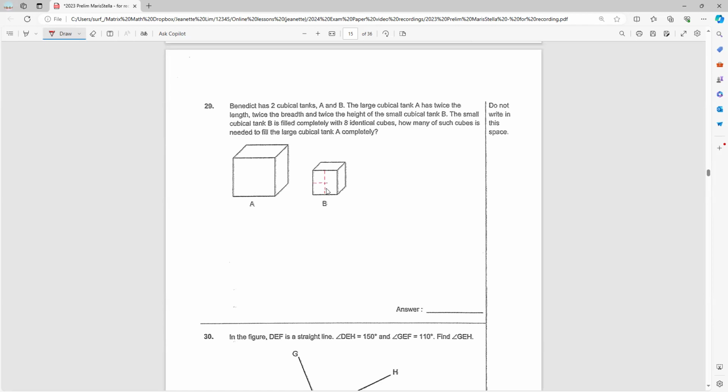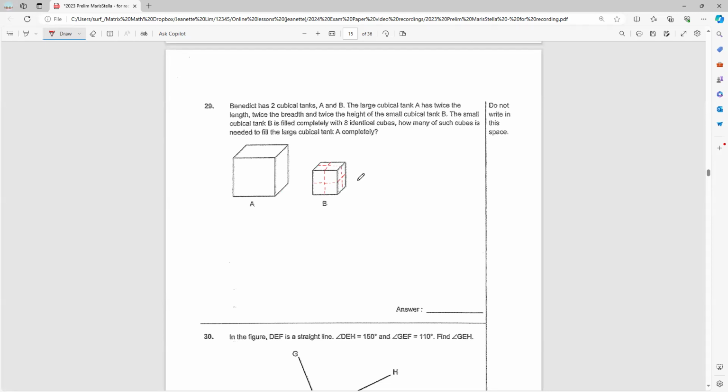Will be like that. If you count, there are actually 1, 2, 3, 4, 1, 2, 3, 4. There are 8 here in B. So every one of B gives us 8 cubes.